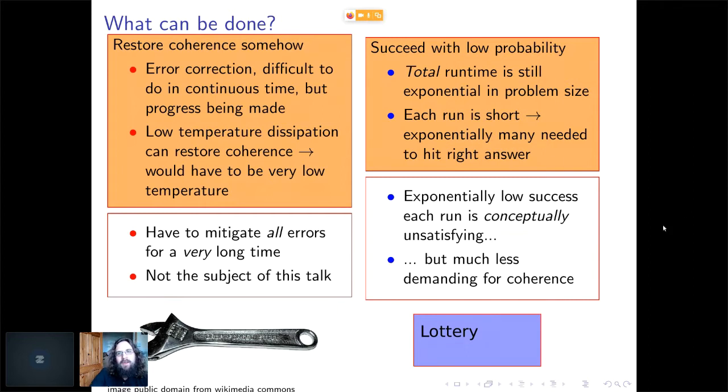On the other hand, what you could do is say, well, what if we ran much faster and succeeded with a low probability each time, an exponentially small probability, and just ran it exponentially many times. We're still okay with P not equaling NP because our total runtime is still exponential.